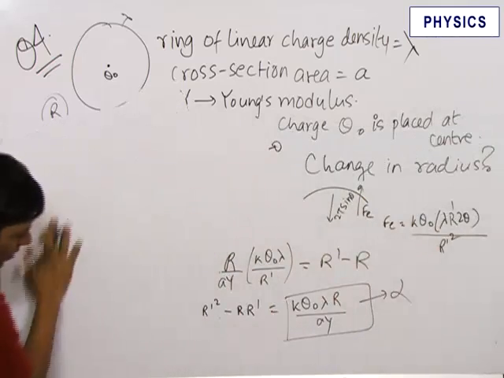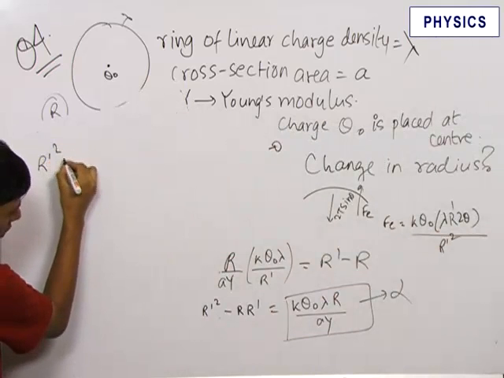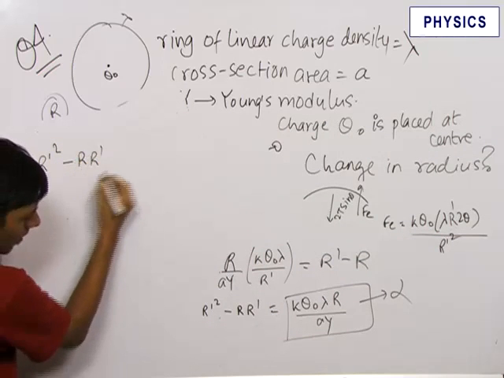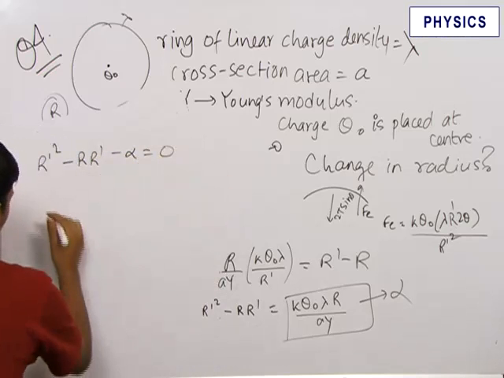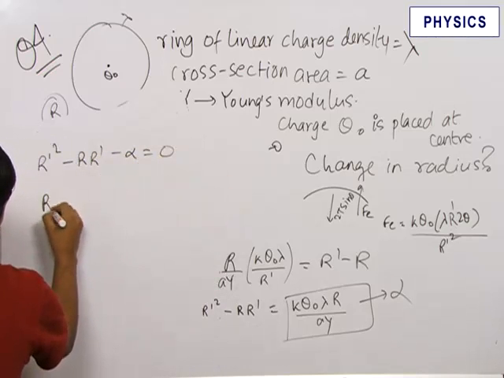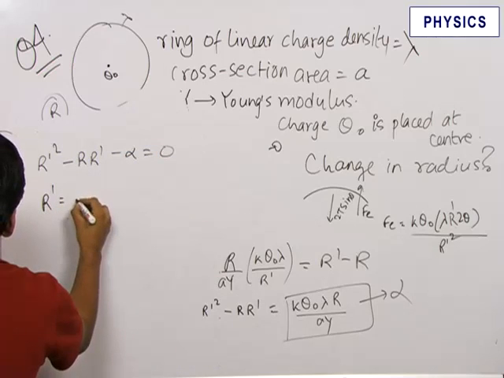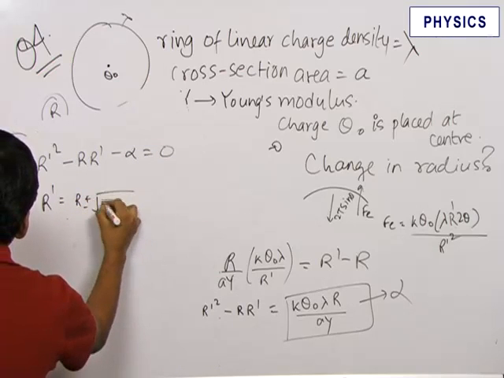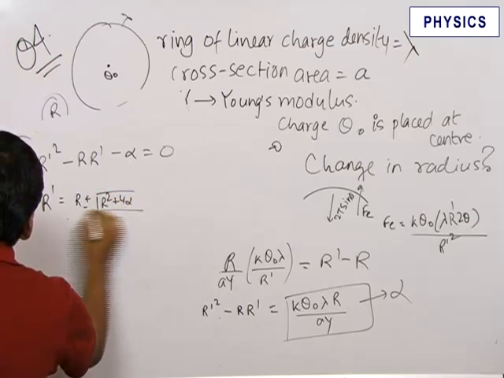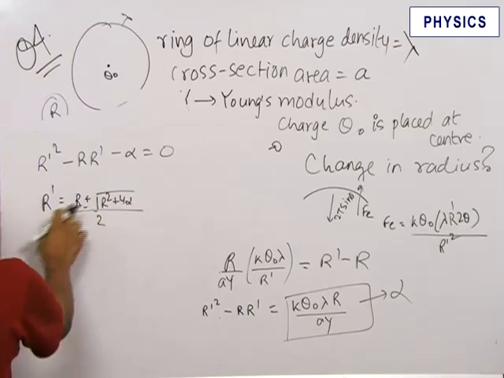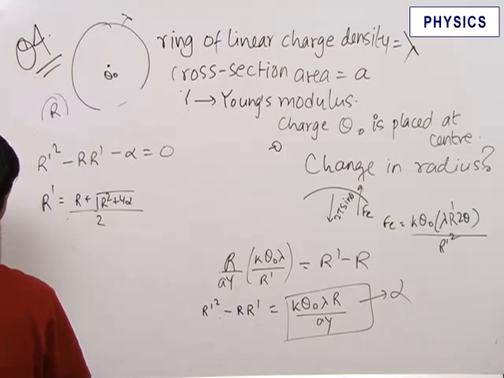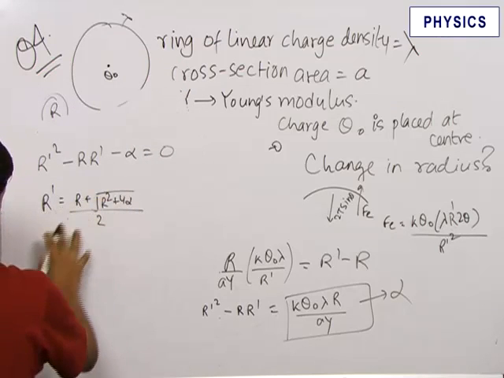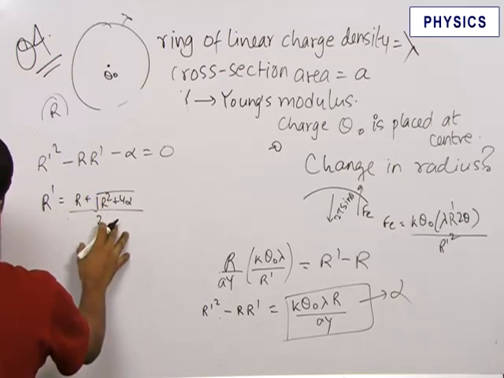The quadratic equation becomes r dash whole square minus r r dash minus alpha equals 0. If we solve this quadratic equation, we get the value of r dash to be equal to r plus minus root over r square plus 4 alpha, upon 2. We know that r dash is greater than r since the size of the ring increases. Therefore, we remove the negative sign to get r dash is equal to r plus root over r square plus 4 alpha upon 2.